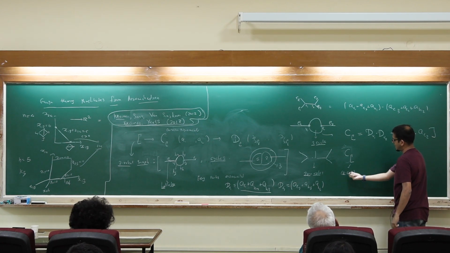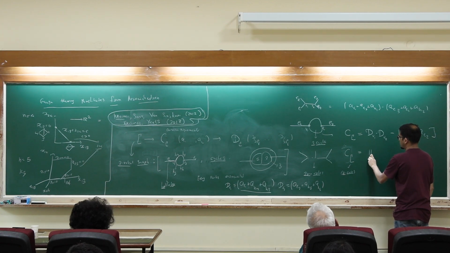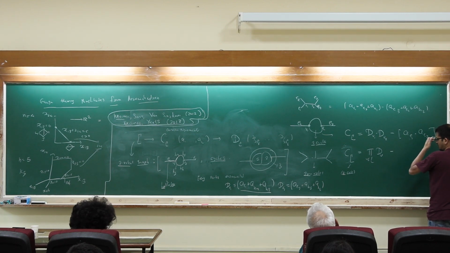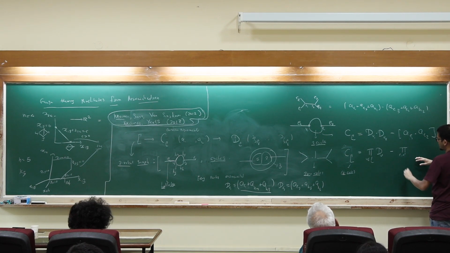Any graph with one cycle is the product over all vertices dV minus, if you have only one cycle, the product over the edges, because there's only one cycle, right? So the product over all the edges which are not in the cycle.